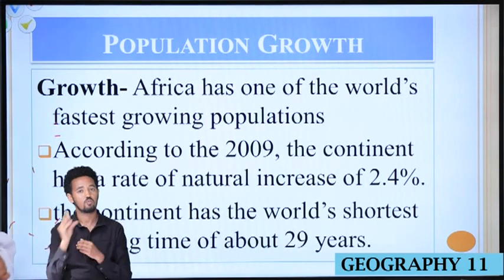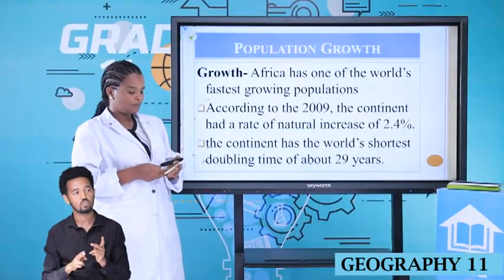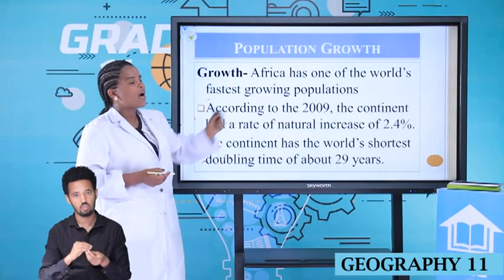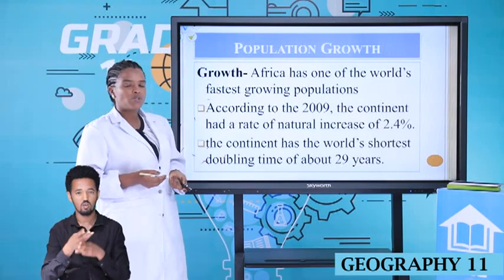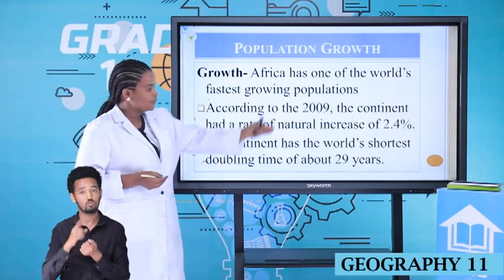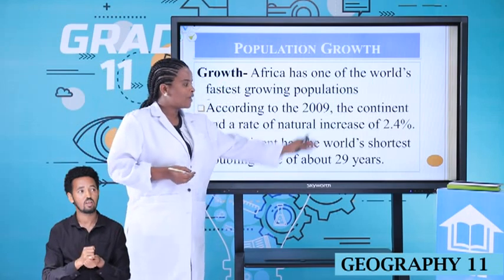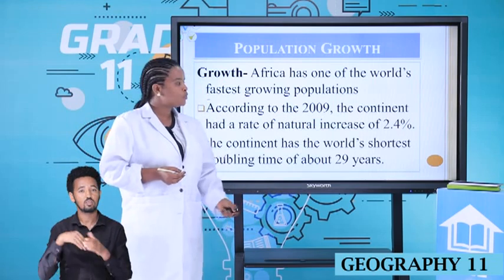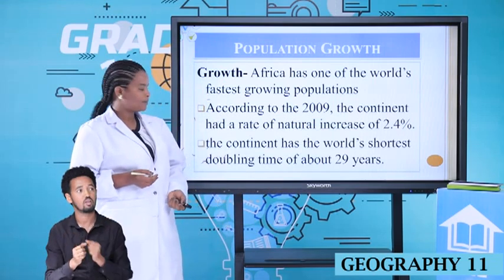When we see the population growth rate, Africa has one of the world's fastest growing populations. According to 2009, the growth rate of Africa reaches 2.4%.